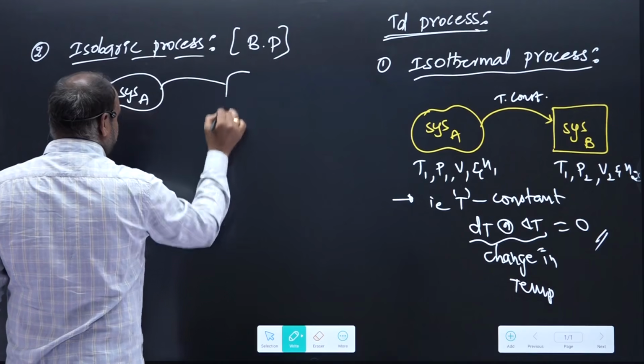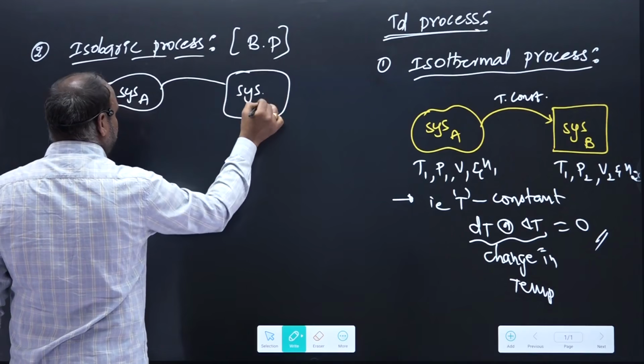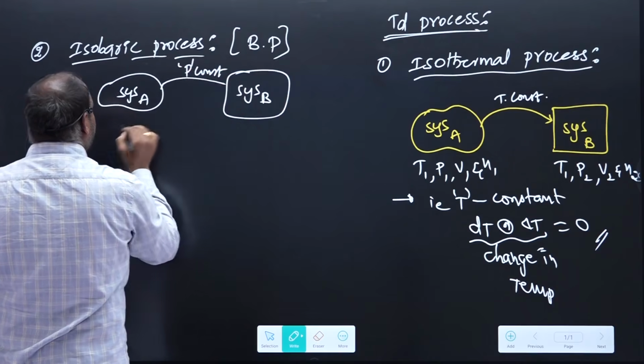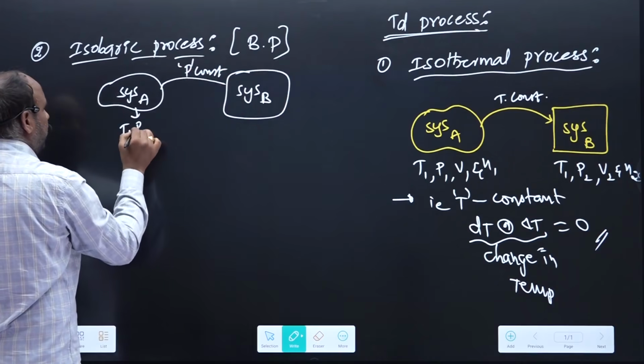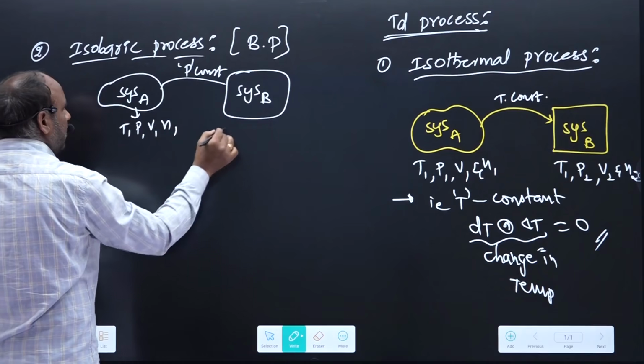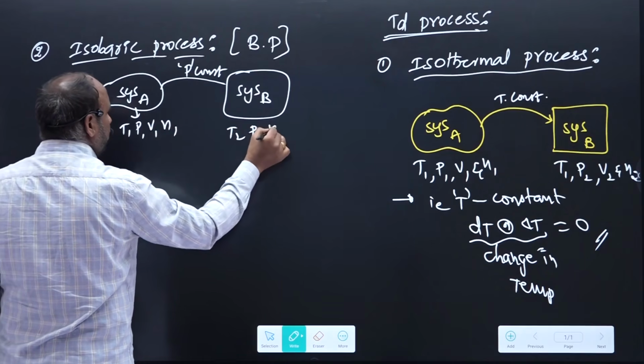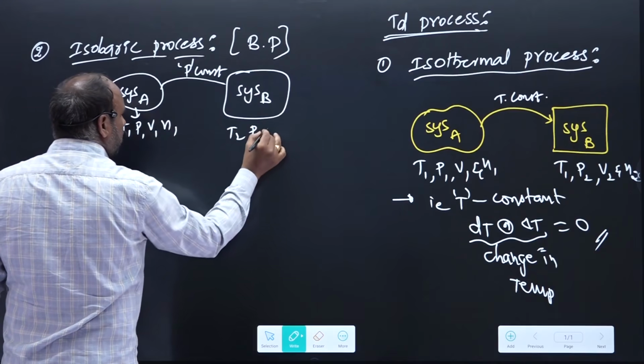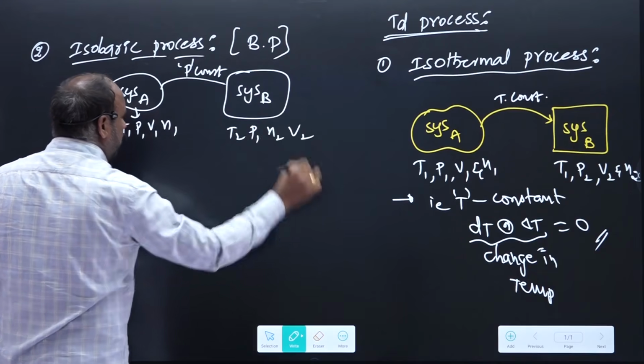System A, system B. Pressure remains constant. So the system will be T1, P1, V1, N1 and T2, P1, V2, N2.